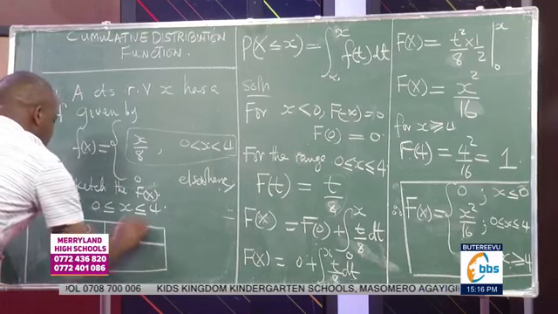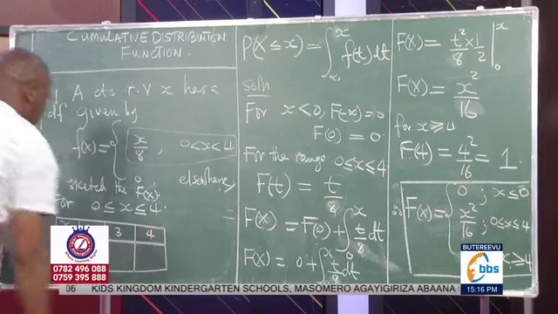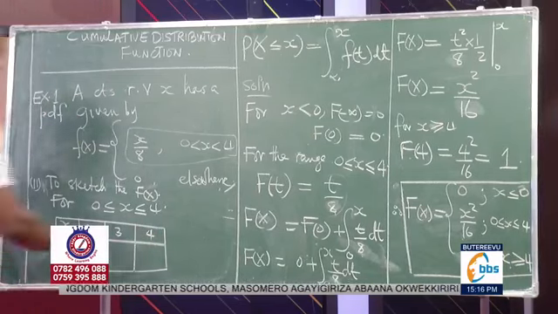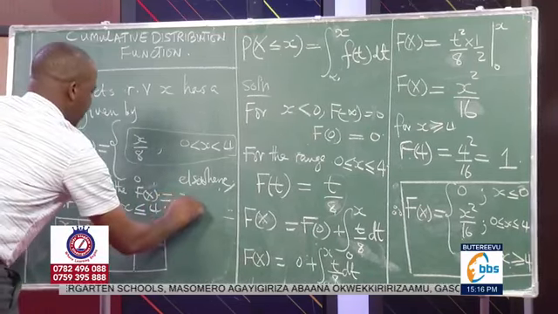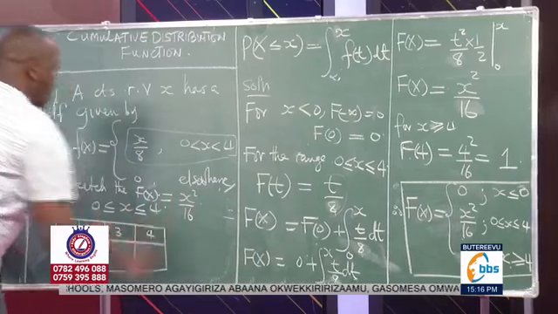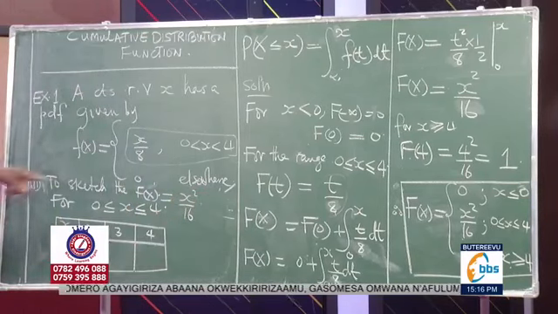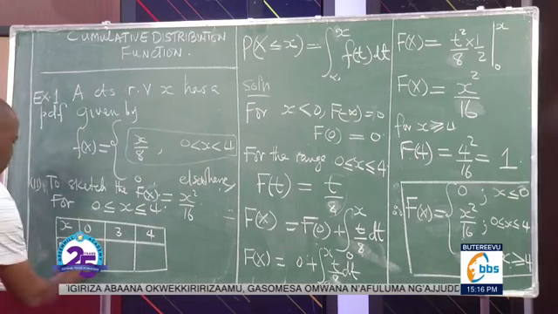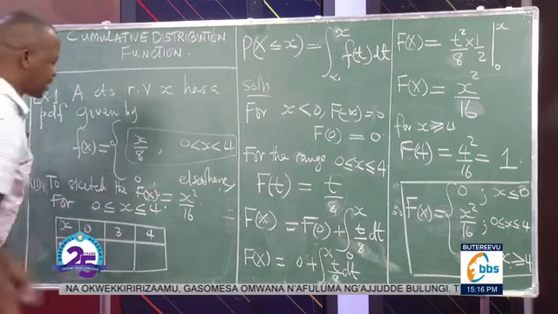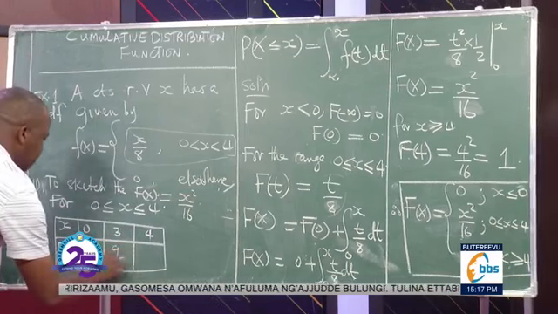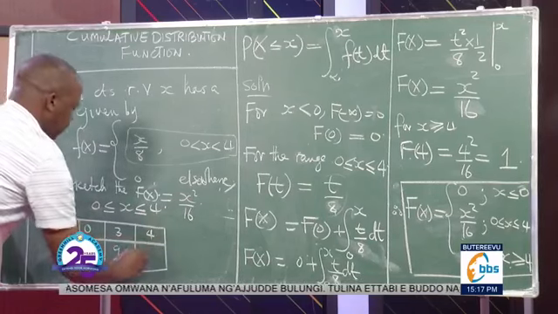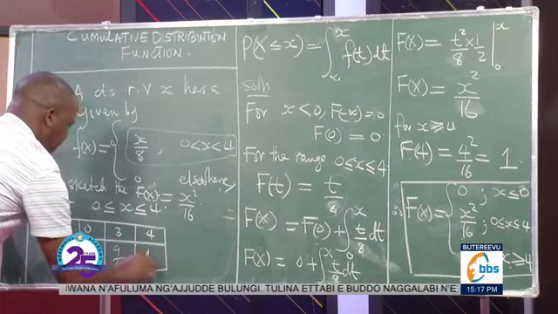Preferably, we can choose to use 3. So if our f of x, which is now x squared out of 16, that is the function we shall pick. With x as 0, we shall get 0. With x as 3, we shall get 9 out of 16. And with x as 4, we shall get 1.